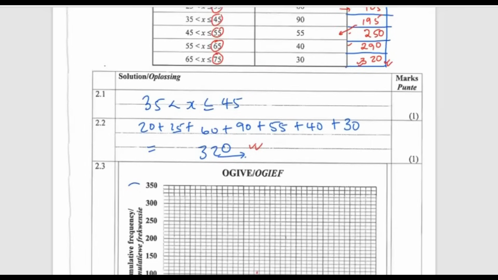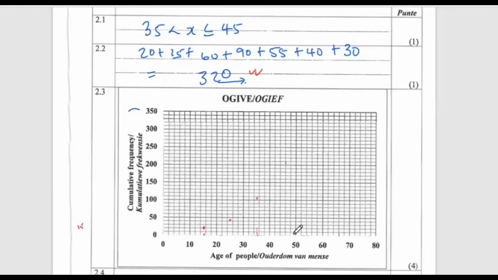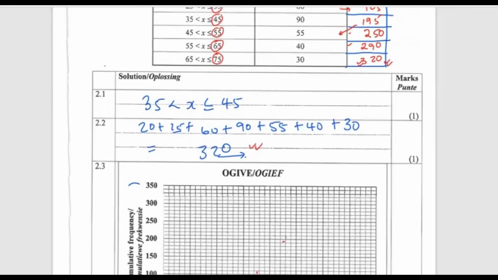And now I need 45. 45 is 195, so just before 200, slightly before 200. And then I need 55, which goes with 250.